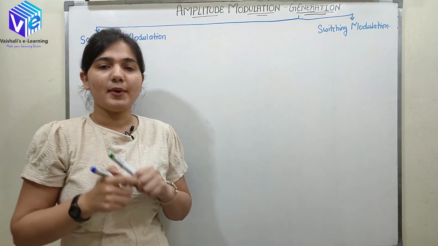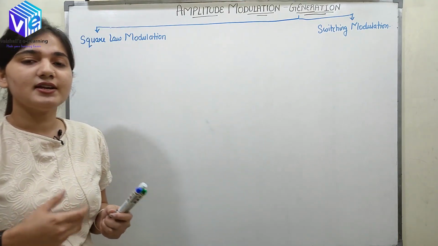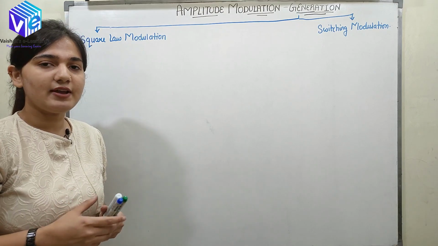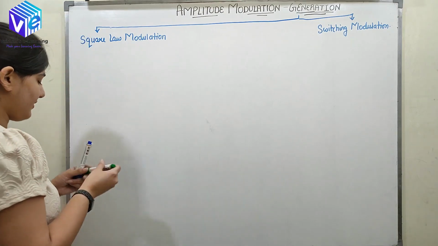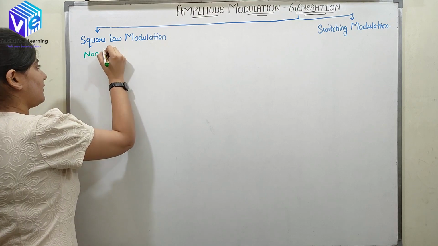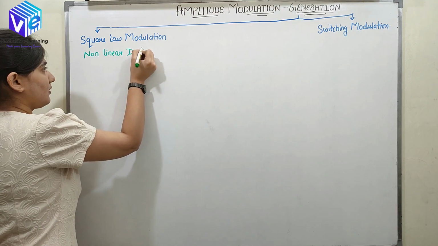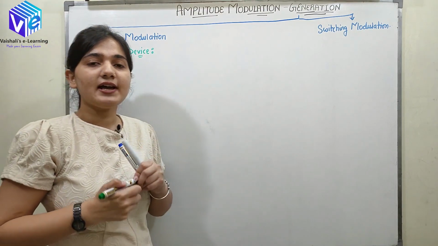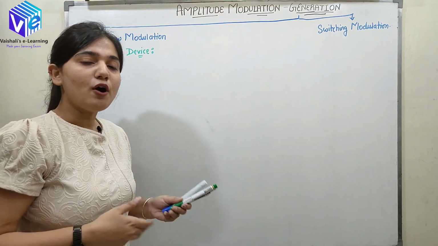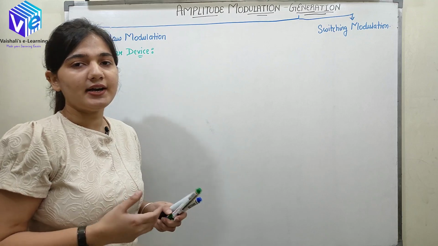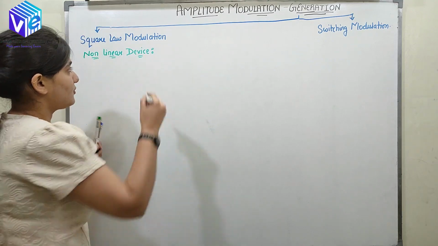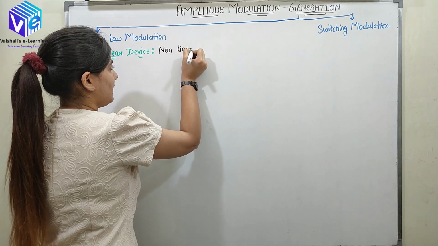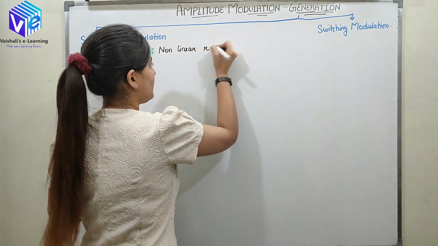When I talk about the generation of AM waves, there is a very important block in the circuitry, which is the non-linear device. The non-linear device is a device which has a non-linear relationship between current and voltage.